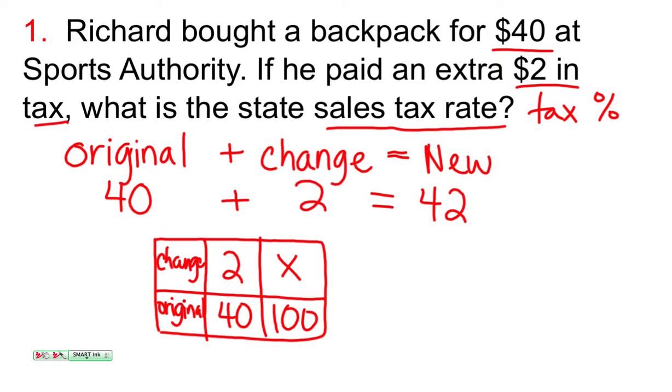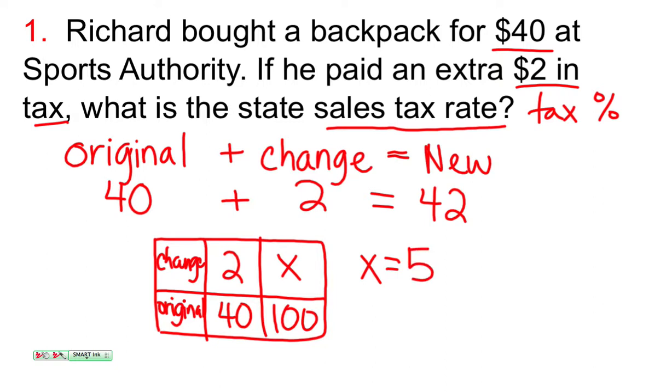Now solve for x. So you can pause the video, solve for x, and write down your answer, and then when you're ready to continue, press play. X is 5.